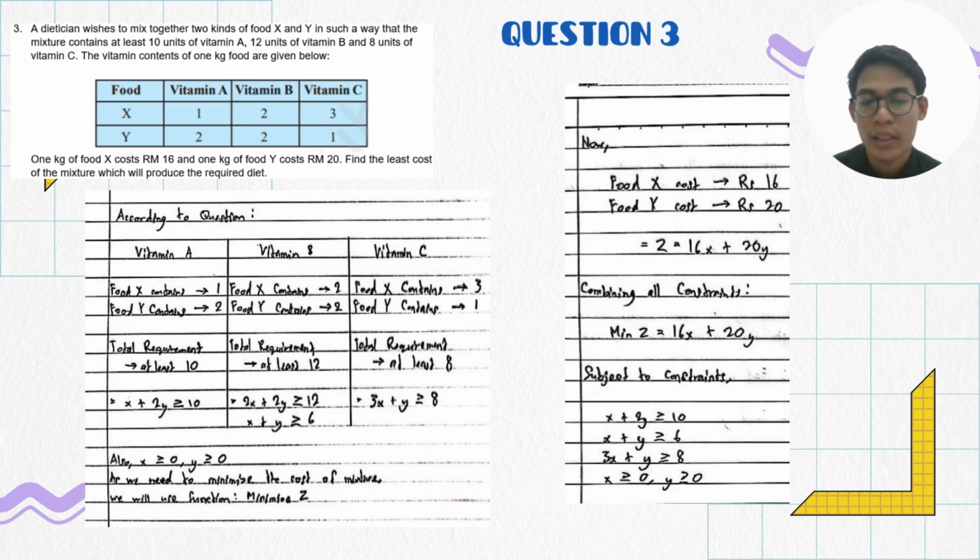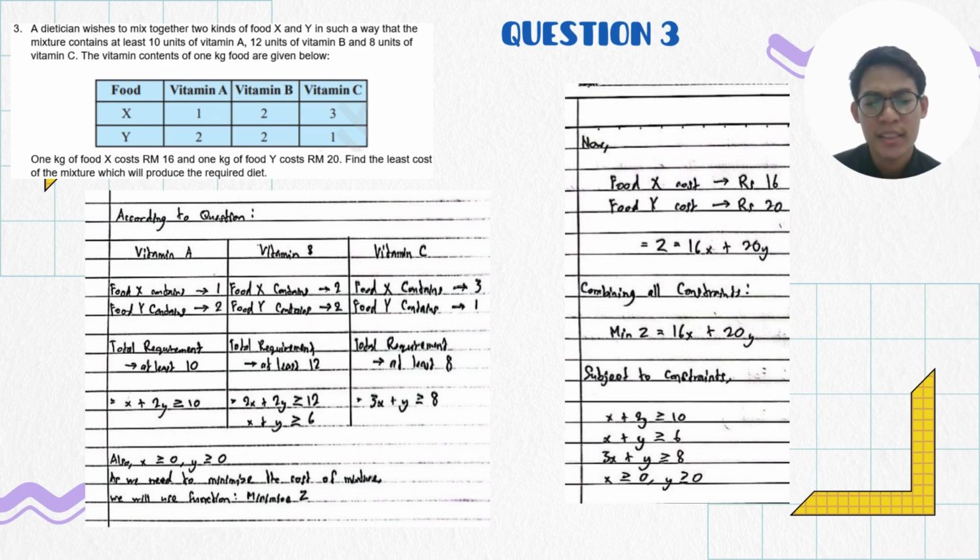Now we can use the formula ax plus by greater than or equal to c. For vitamin A, x plus 2y greater than or equal to 10. For vitamin B, 2x plus 2y greater than or equal to 12.